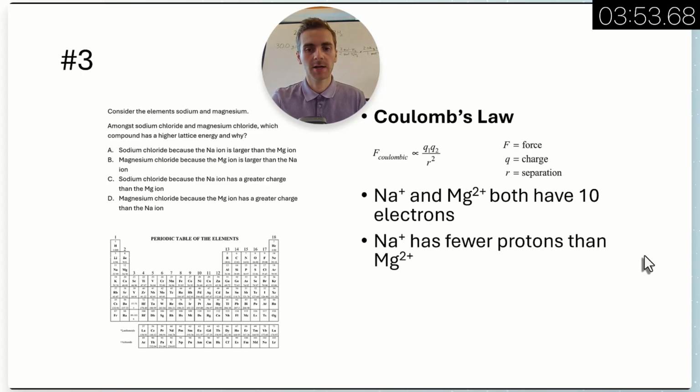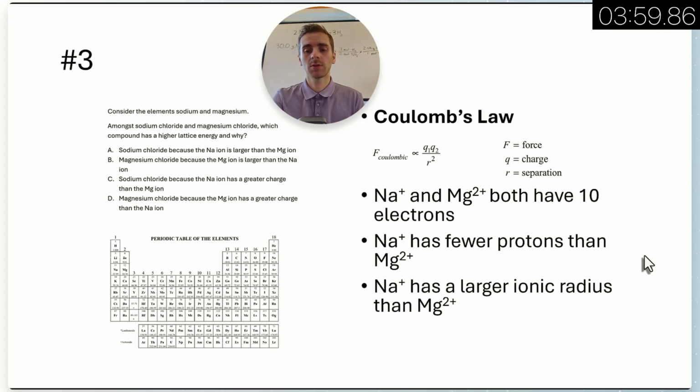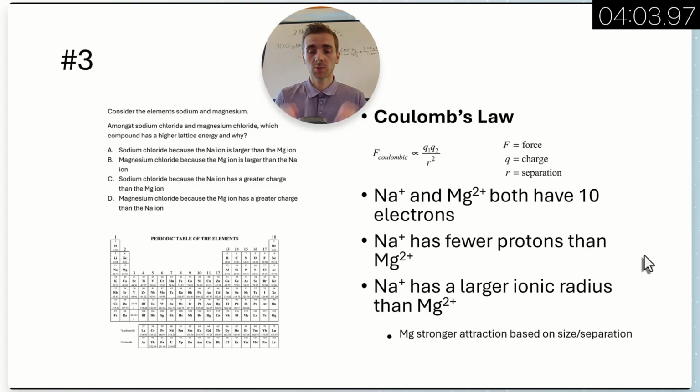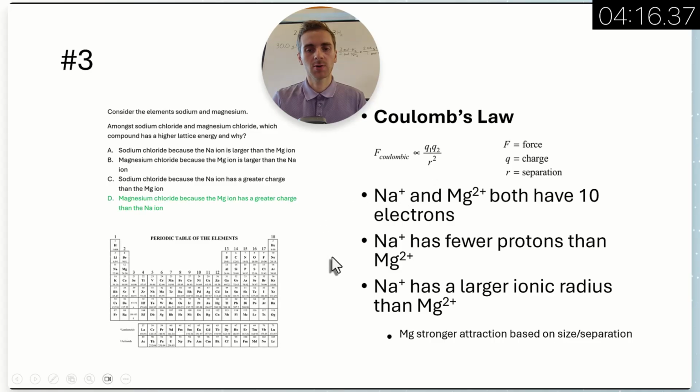They both have 10 electrons. But once again, sodium has fewer protons, which is going to make it larger, as we talked about with the atomic radius. And so magnesium being smaller is going to have a smaller separation, which also leads to a greater force. So we would predict magnesium to have a stronger force based on both of these factors, but the best answer, the only answer that really makes sense among the options, is D.